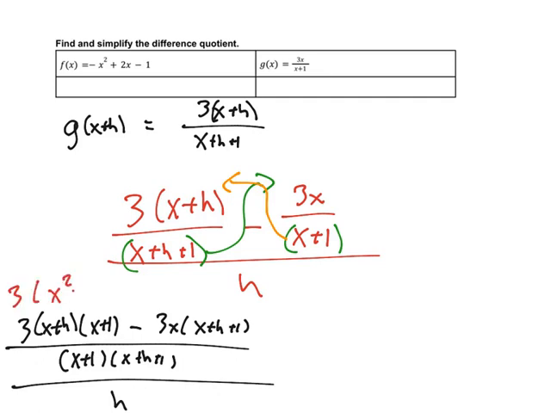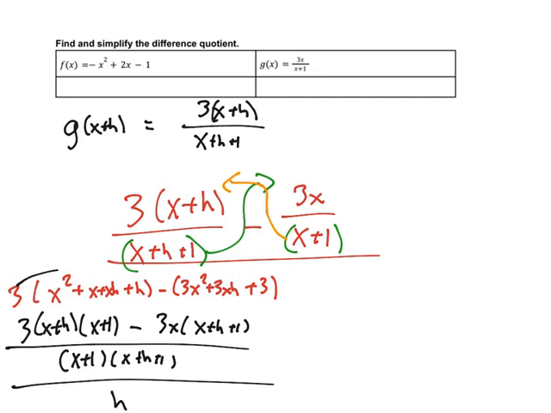That's going to give me x squared plus x plus xh plus h, and then over here I'll have negative in front, 3x squared plus 3xh. That h is in the way. And then plus 3x.